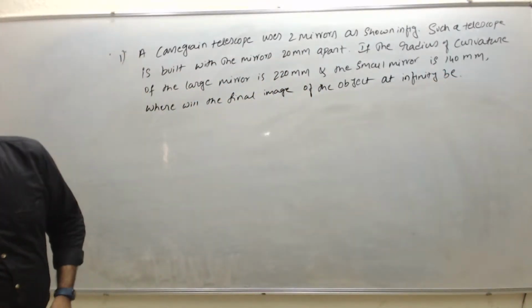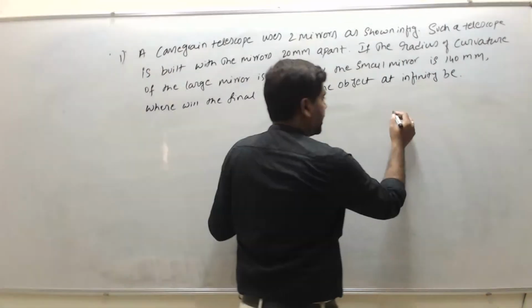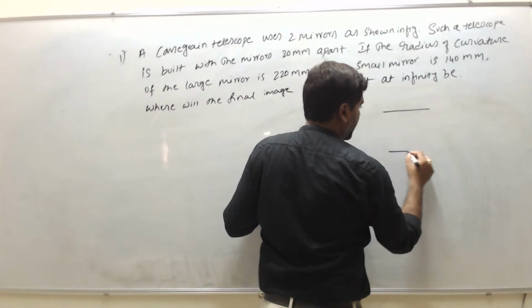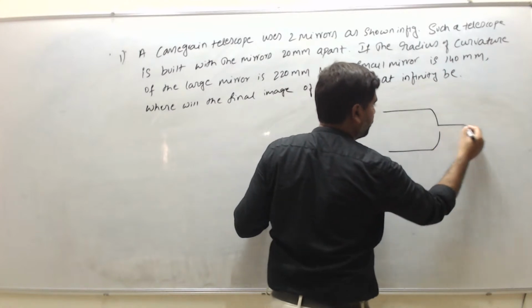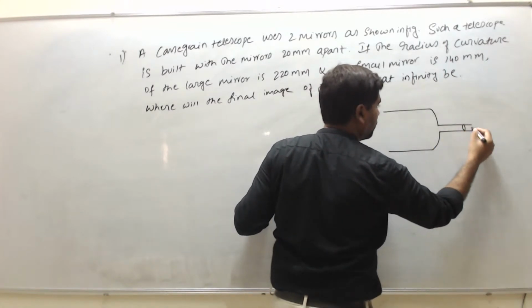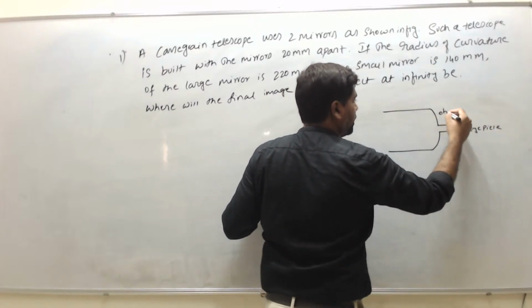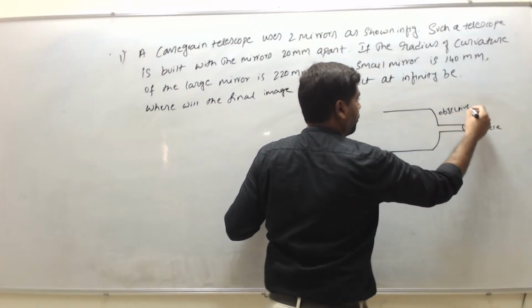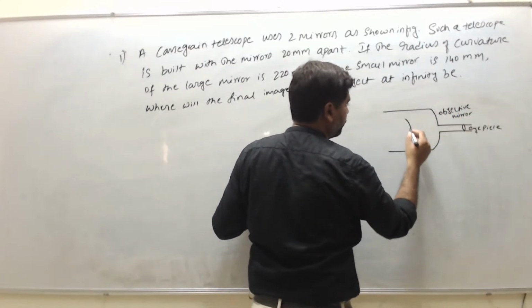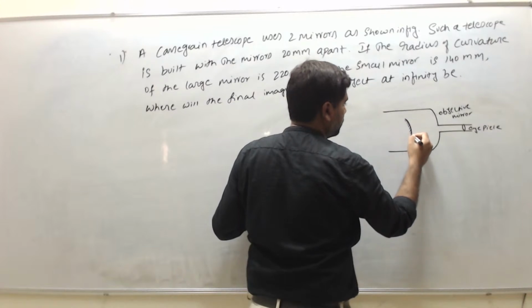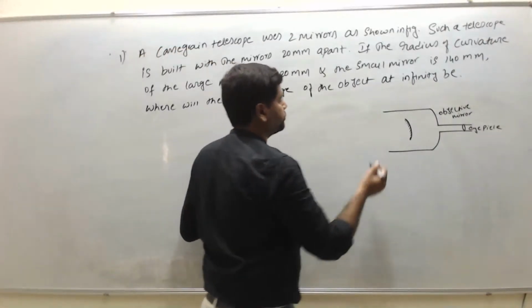In the last class, we discussed the Cassegrain telescope, that is reflecting telescope. It has two mirrors. This one is the objective mirror, and here this mirror they call as secondary mirror.